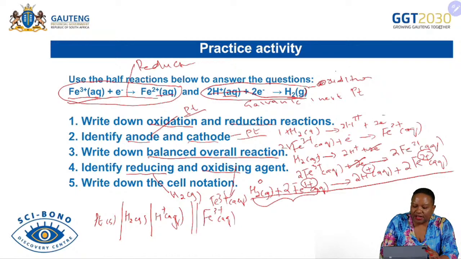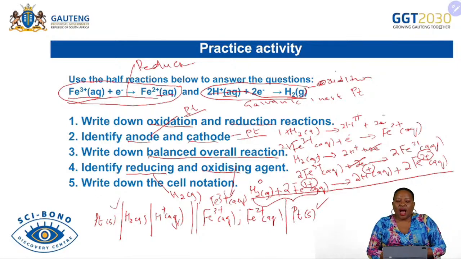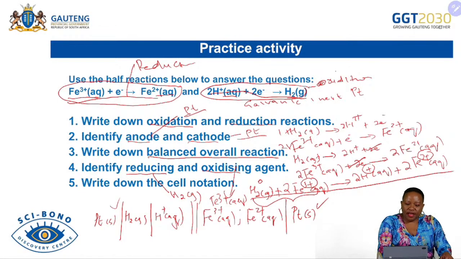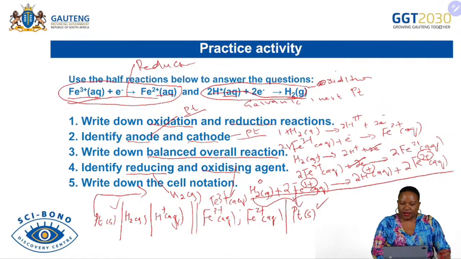Now remember, this is a phase boundary. If the phases are the same, we use a comma. So it's going to be Fe2+, which is also aqueous. And then a phase boundary, and then platinum, which is our solid. You can see that our solid will still be at the end because they are providing the surface for the two reactions to occur. So the electrons will move from the platinum on this side to the platinum on this side.